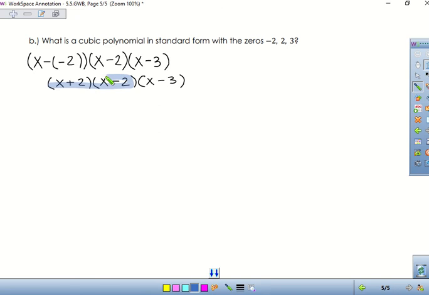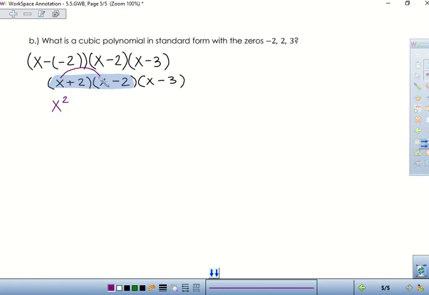I'm going to start by multiplying the first two together. What do you notice these polynomials are? They're a special type of polynomial. They're difference of squares. So I only need to multiply the first and the last. If you're wondering why, you can try it out. You're going to notice the middle terms will cancel because they're difference of perfect squares. Then how can I finish undoing this factoring?